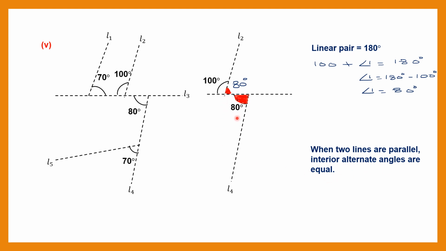That means they should be equal. As you can see, this is 80 degrees and this is also 80 degrees. That means they are equal. So we have 80 degrees for one angle and 80 degrees for the other angle, and they are both interior alternate angles and they are equal. So what does that mean? Lines L2 and L4 are parallel.